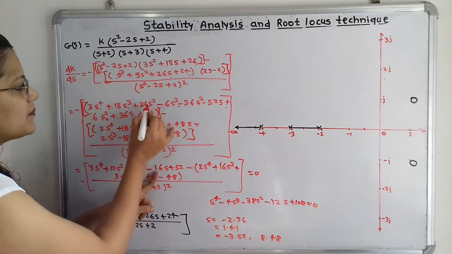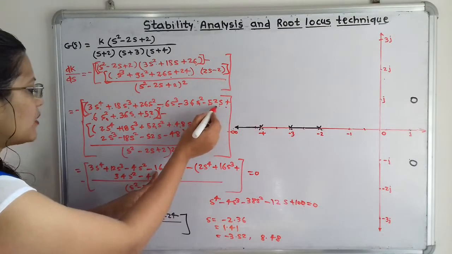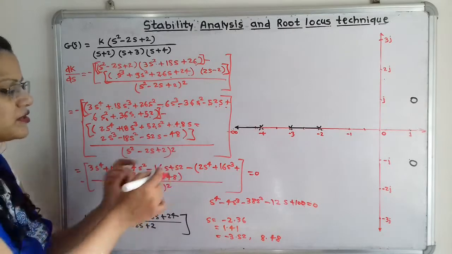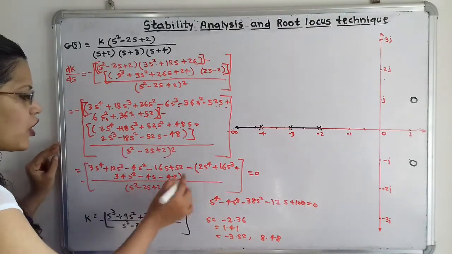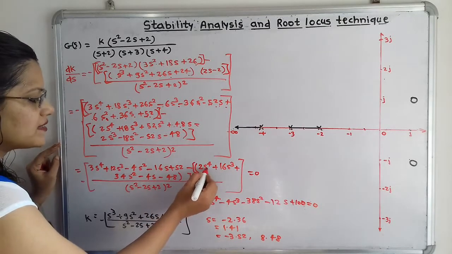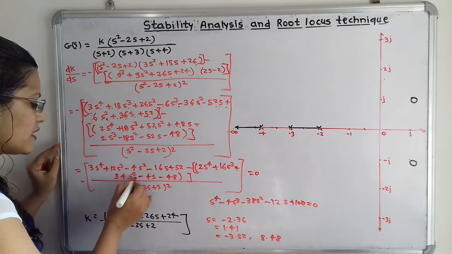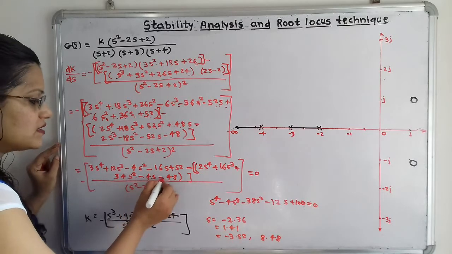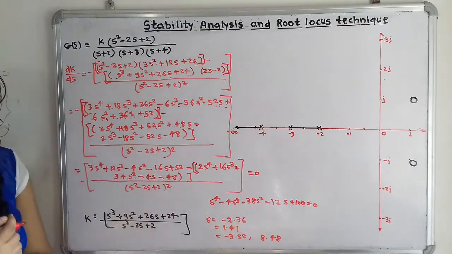Then for the s term, 52s minus 52s plus 36s is minus 16s, and here plus 52. Now for the second bracket also we simplify all the terms. So I make the whole bracket: 2s raised to 4 plus 16s cube plus 34s square minus 4s minus 48. The bracket is complete, and we write the denominator as it is.